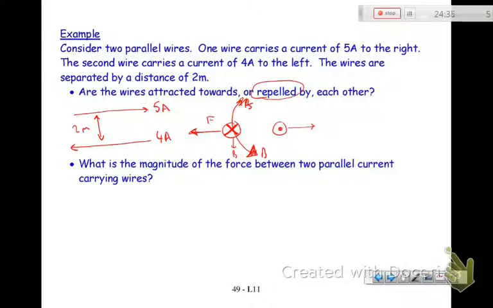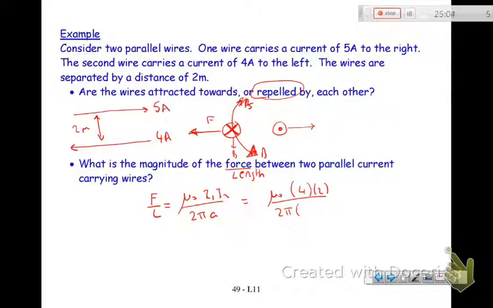And then what is the magnitude of the force? Let's see if I can remember that. The force per unit length is mu naught I1 I2 over 2 pi a. It's like a circumference, not like a sphere. So that would be mu naught times 4 times 2 over 2 pi times a.